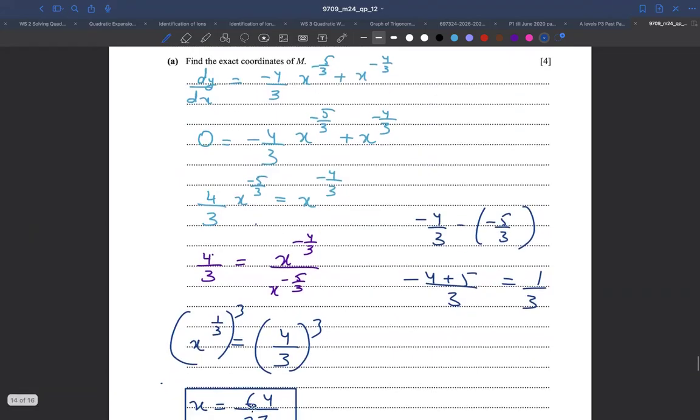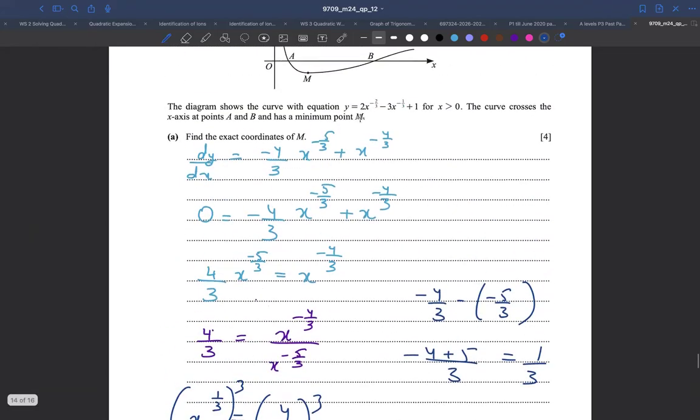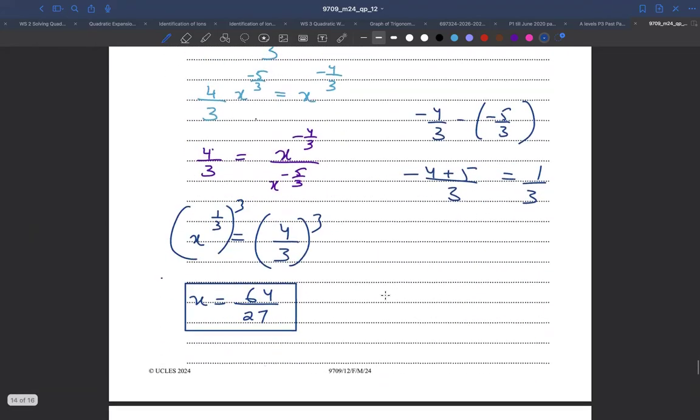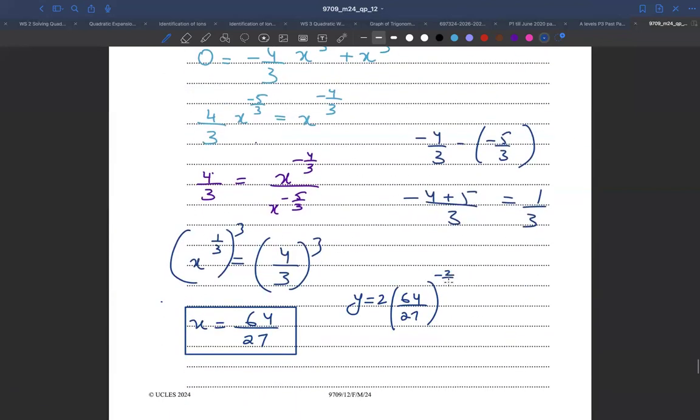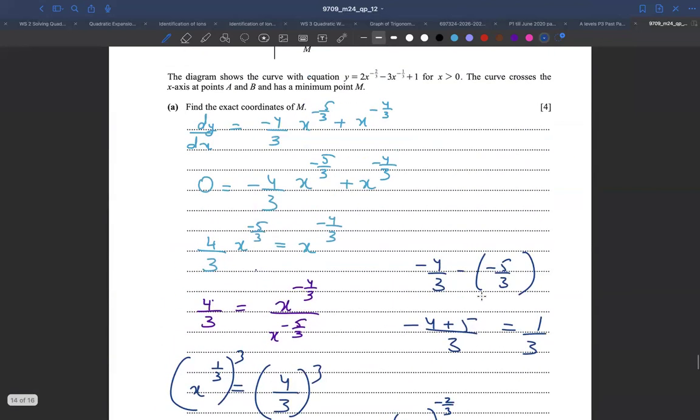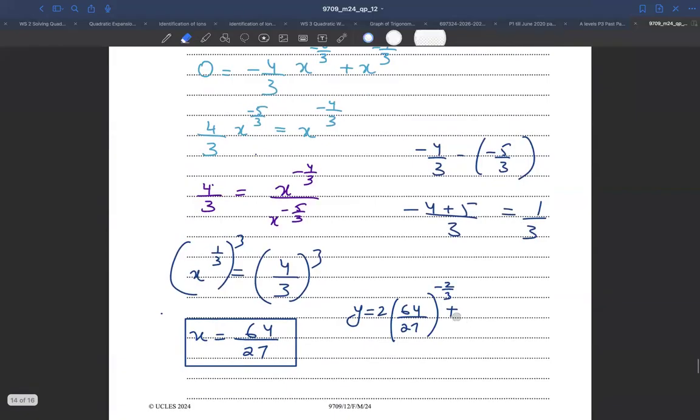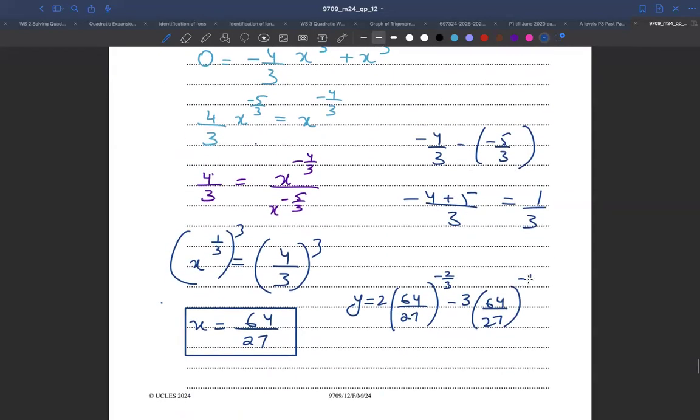So now once you have the x coordinate, you put it over here and find the y coordinate. So y will be equal to 2 times 64 upon 27 to the power minus 2 upon 3, minus 3 into 64 upon 27 to the power of minus 1 upon 3, plus 1.